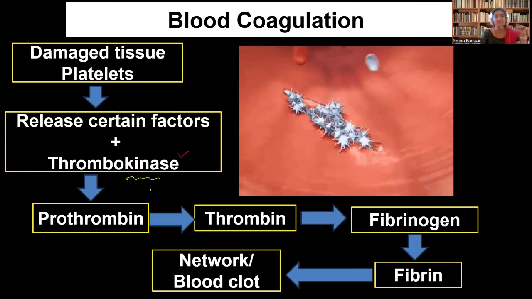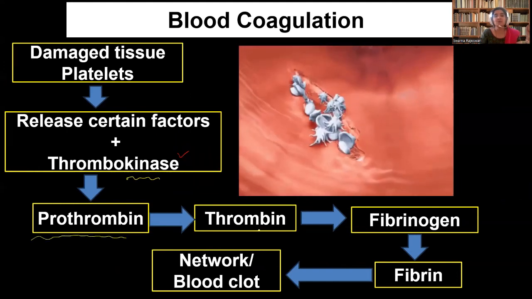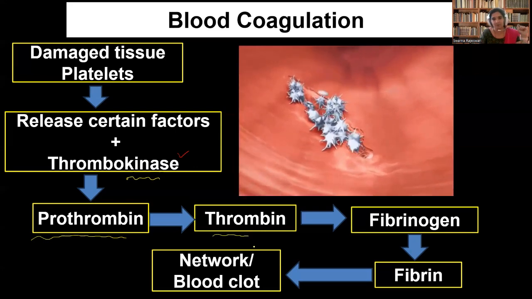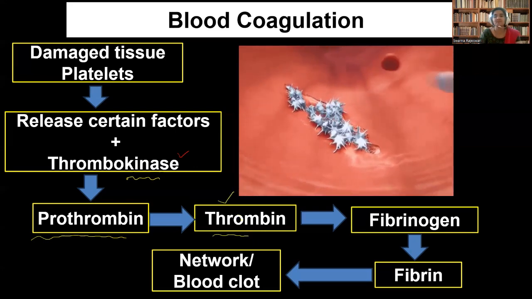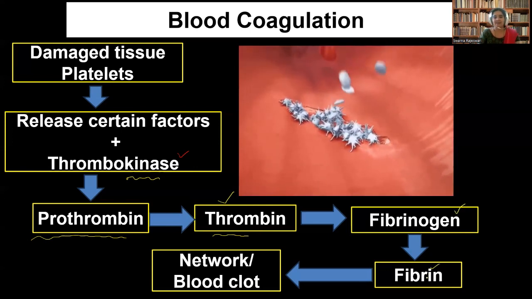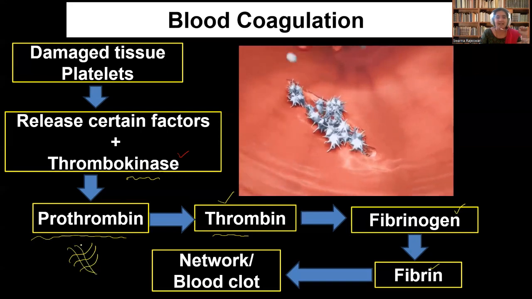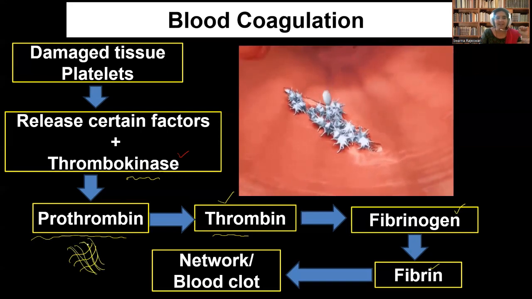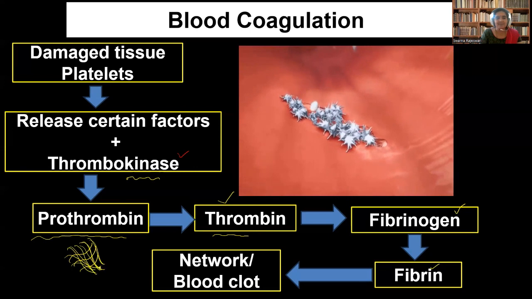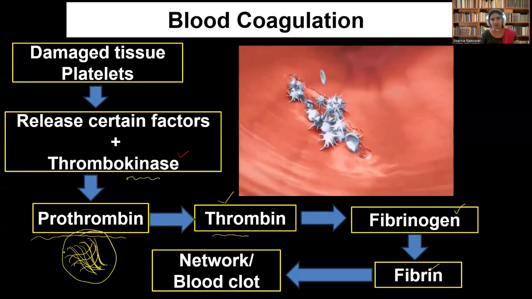This thrombokinase converts inactive prothrombin into active thrombin, and this thrombin again converts fibrinogen into fibrin. This fibrin is normally in the form of threads. Immediately when it becomes active, it forms a clot-like thing, which we call a blood clot.